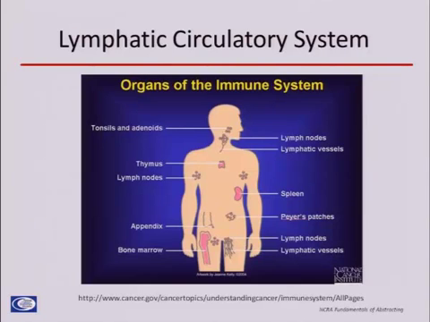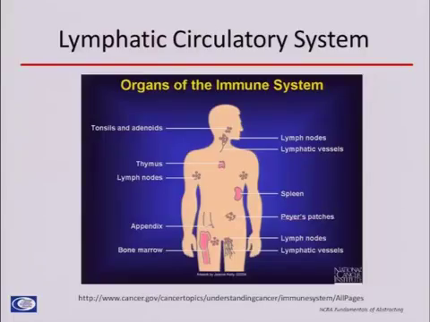So the bone marrow, we'll talk about hematopoiesis in just a couple minutes. The bone marrow produces the red blood cells and the white blood cells and platelets. Platelets turn out to be white blood cells eventually, is what we've learned.